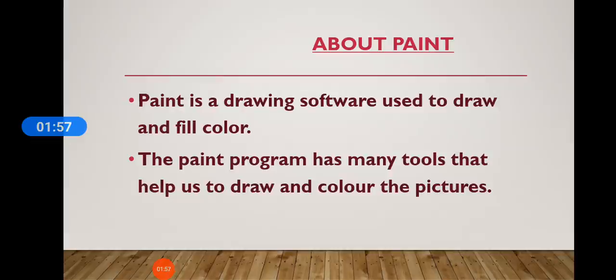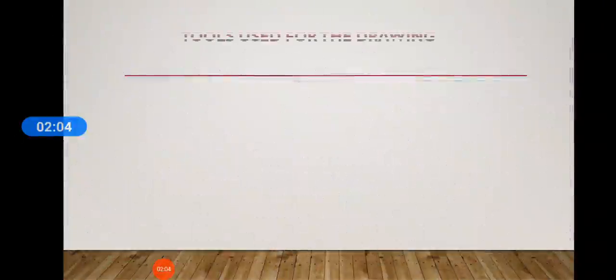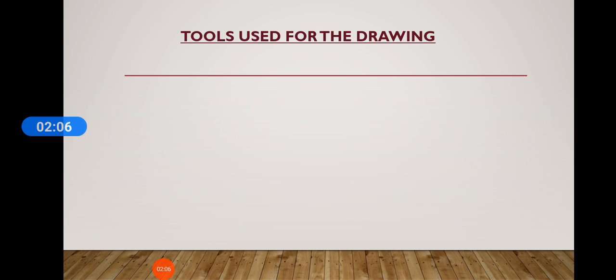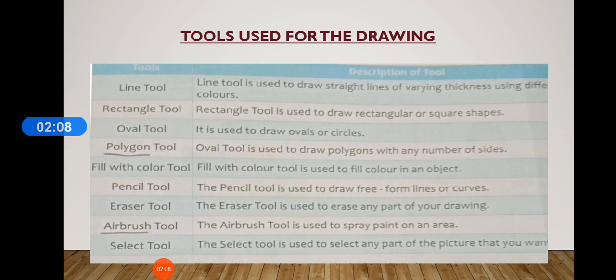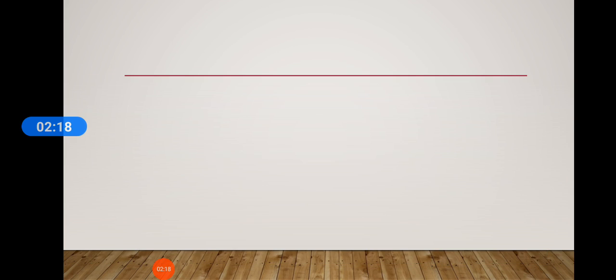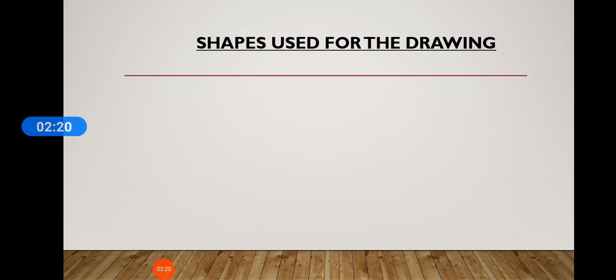Children, we have different tools in MS Paint which are used for the drawing. Let's discuss the tools of paint. We can see on this screen there are different tools which we are using for the drawing in MS Paint. So, first we will see about the shape tool.